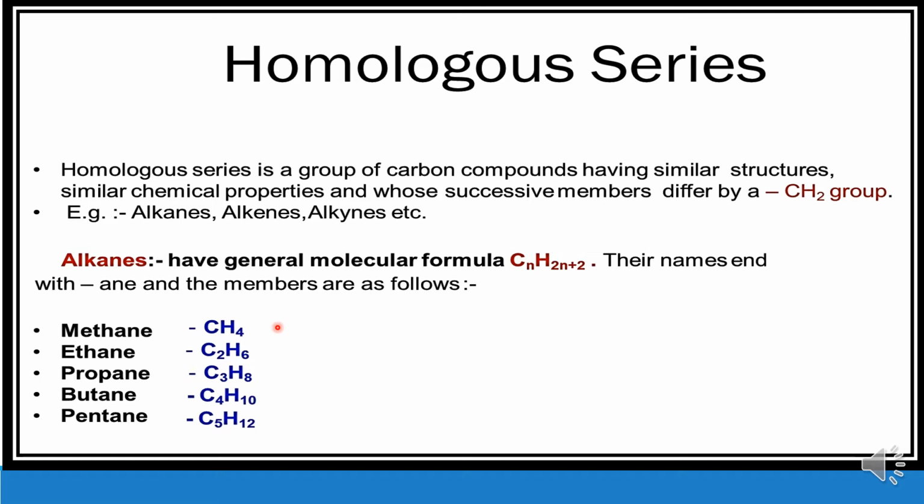All the compounds present in the alkane series show similar chemical properties. They show gradation in physical properties. Children, if you see carefully, as we are moving down, the number of carbon atoms and the number of hydrogen atoms are increasing.